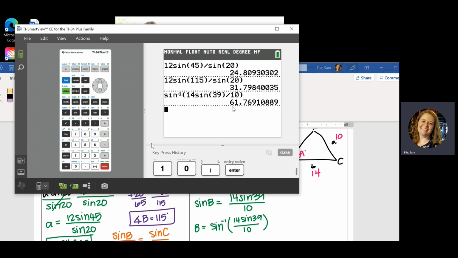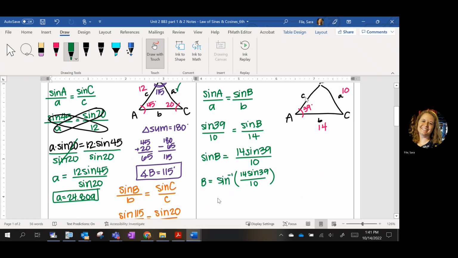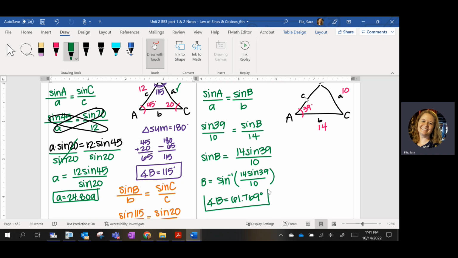So 61.769. Then you would be able to find the other remaining parts. So I'll stop this video here and I'll do a second video. That's what you're going to watch on Monday to finish these notes out.